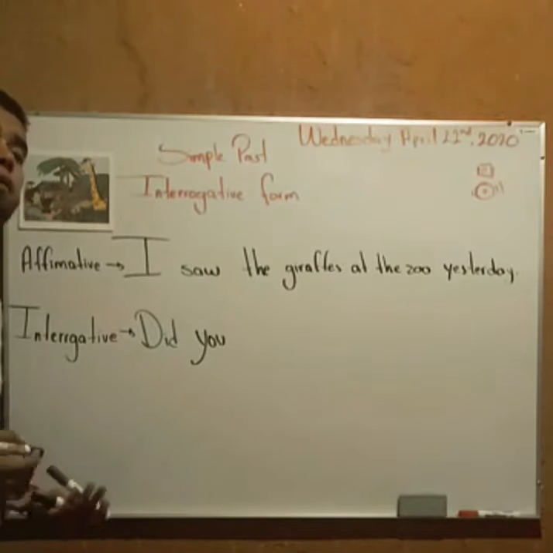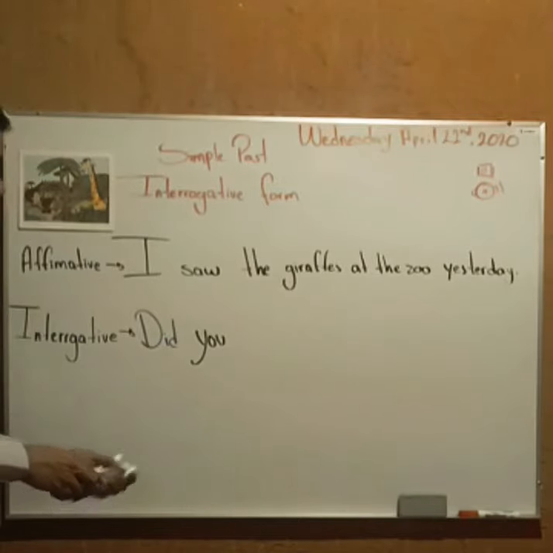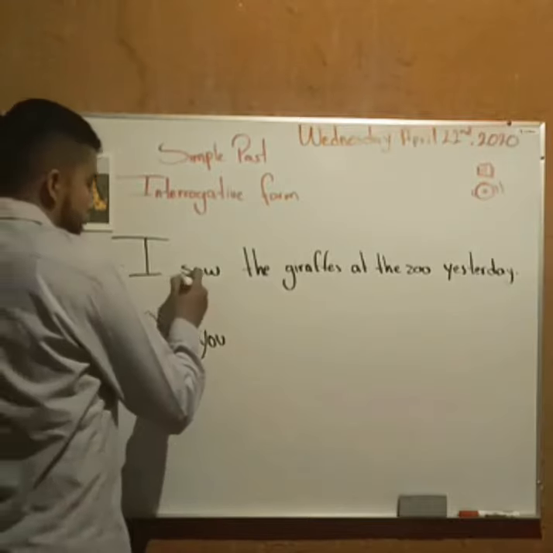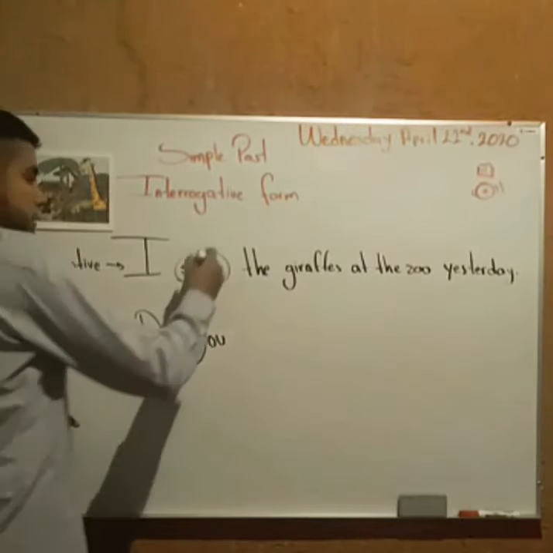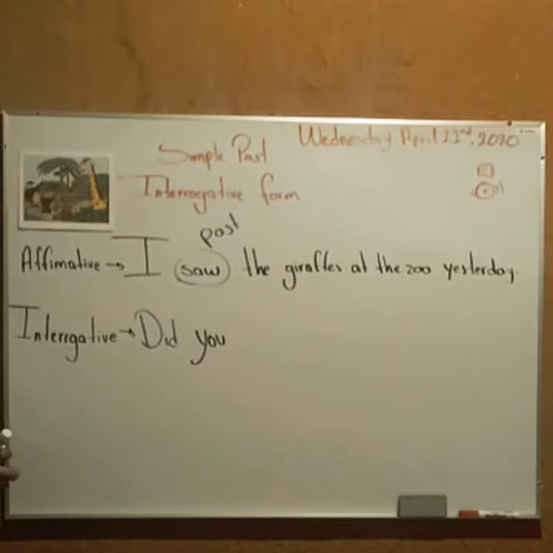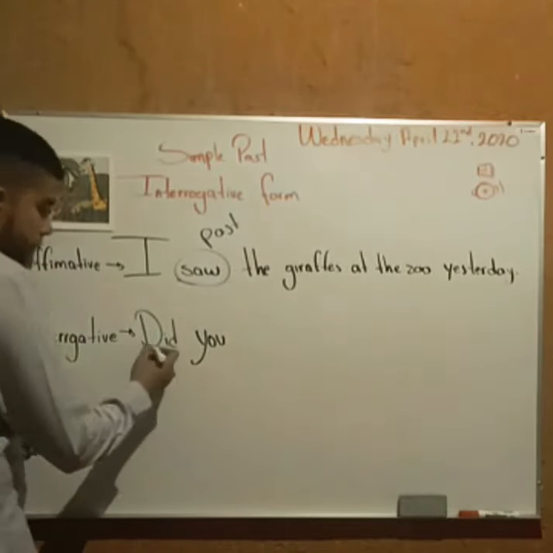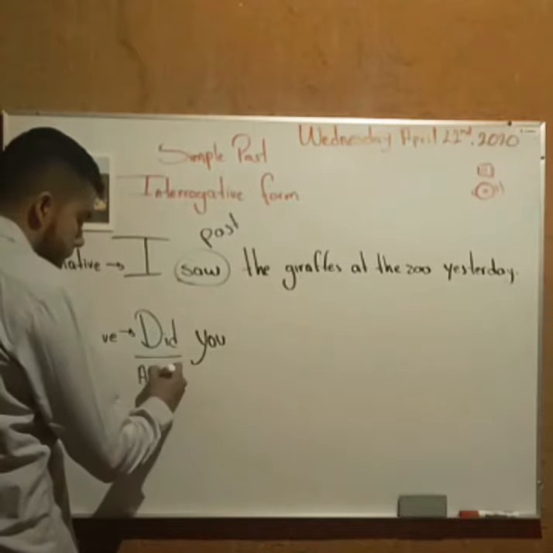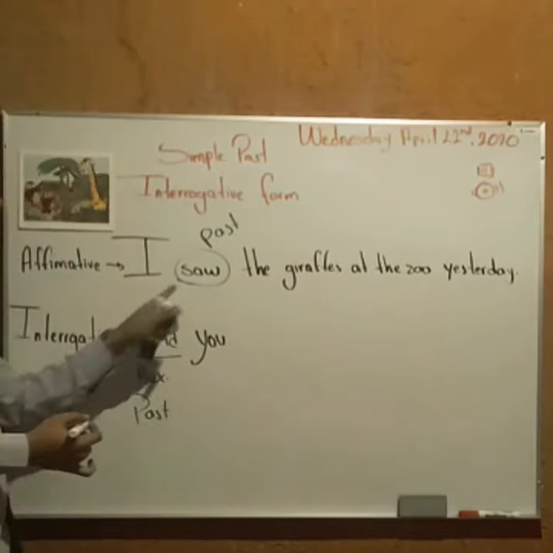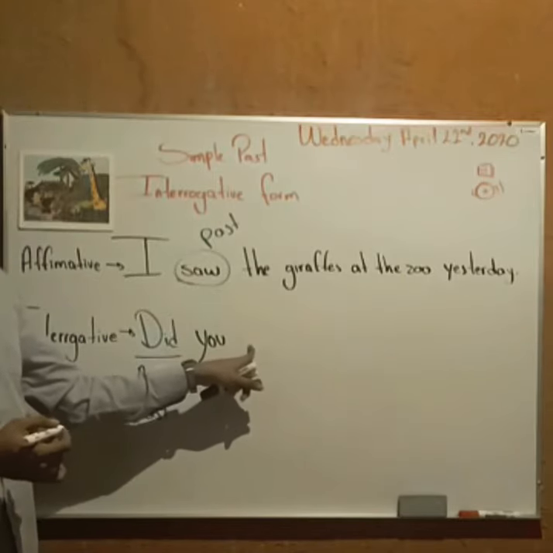Now, what was the action? But remember, here, my verb is in past, but here, I have my auxiliary in past. So, I cannot repeat this verb in past.